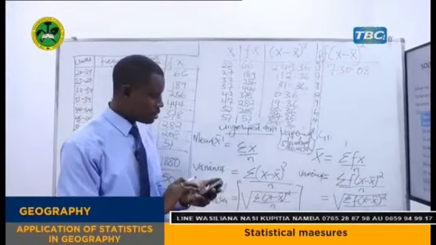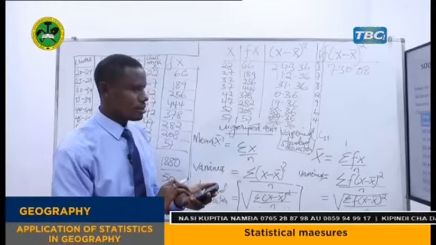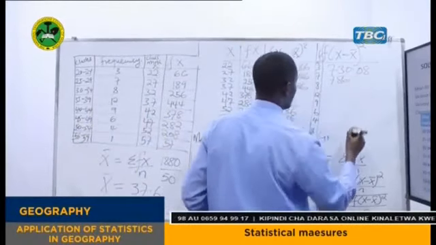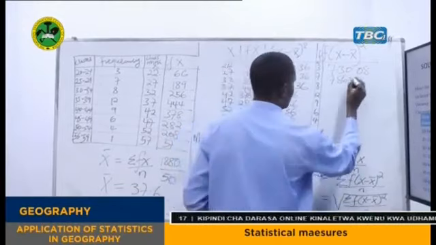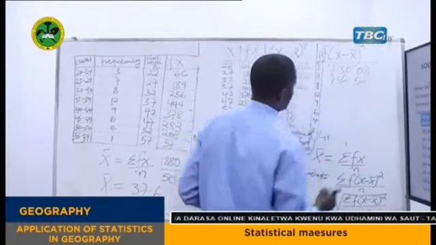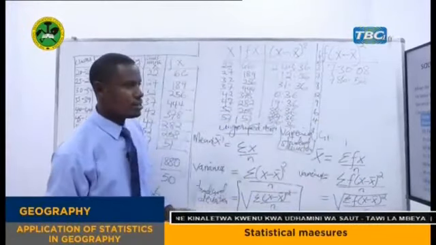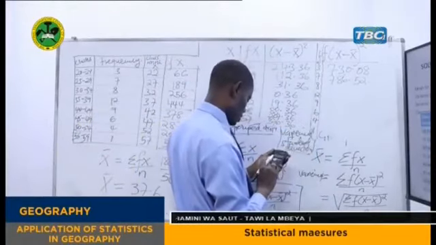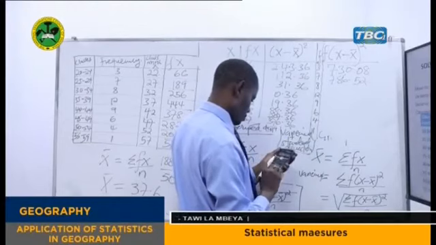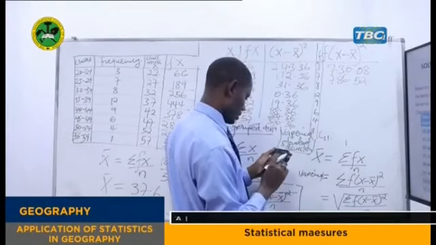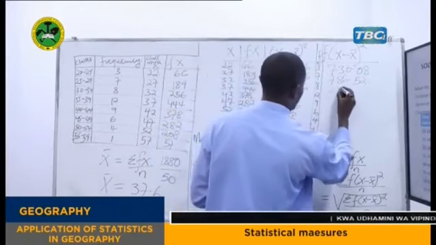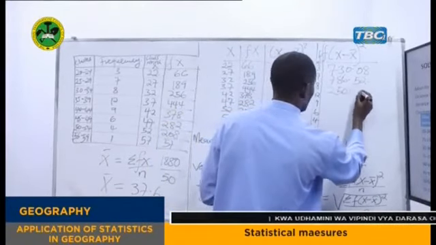The next one, you apply the formula in this one, and then you come up with 786.52. Again, when you go to the next one, that is 31.36 times 8, then you come up with 250.88.